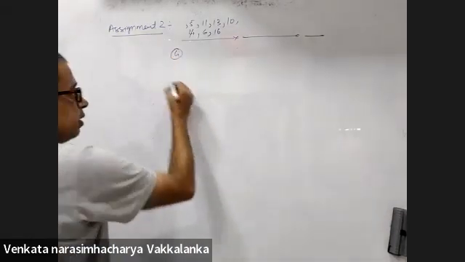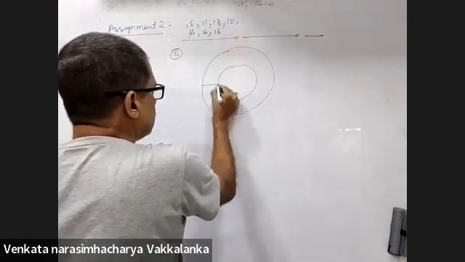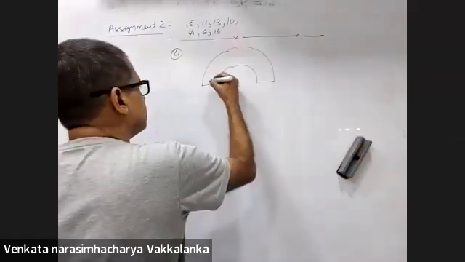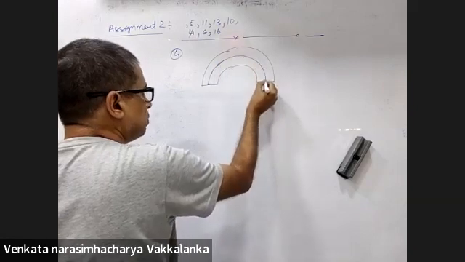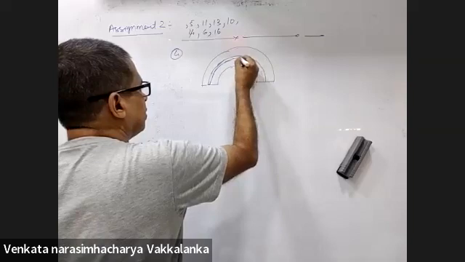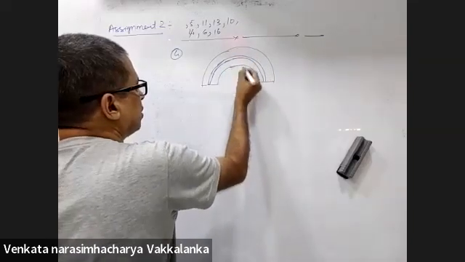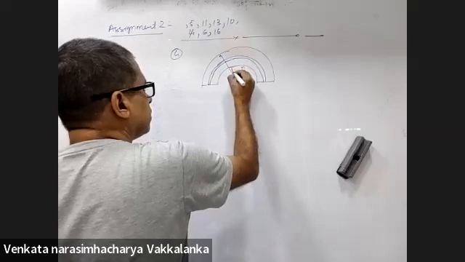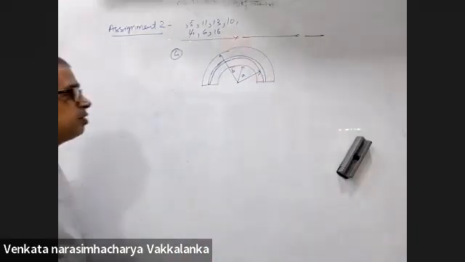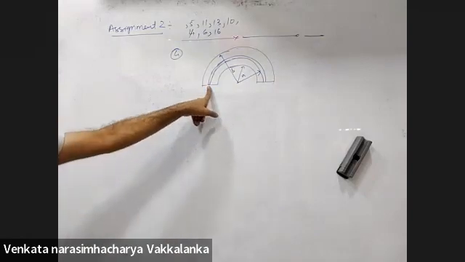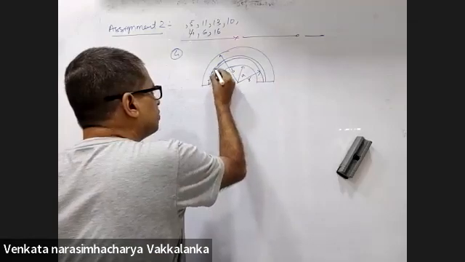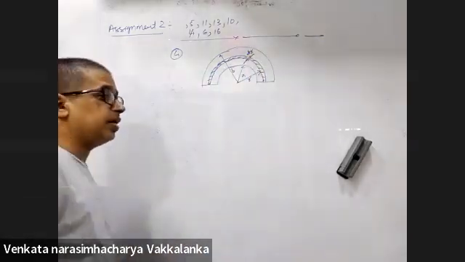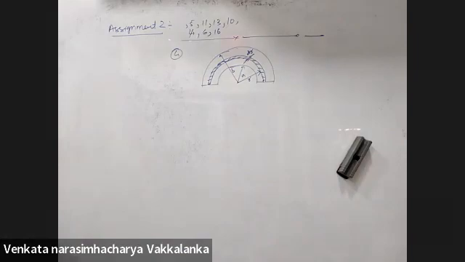Now, fourth question. This is A, this is B. Consider a small element at a distance of r of thickness dr. Right?